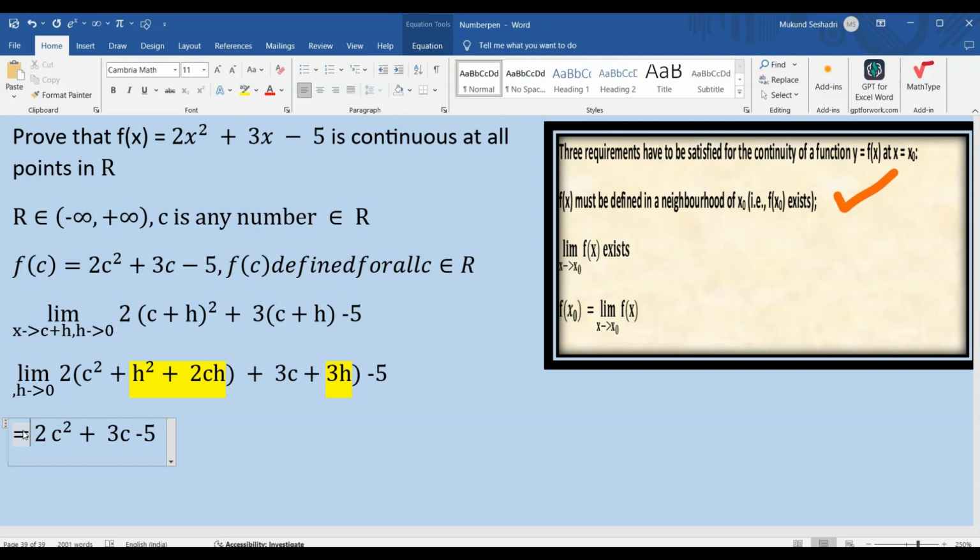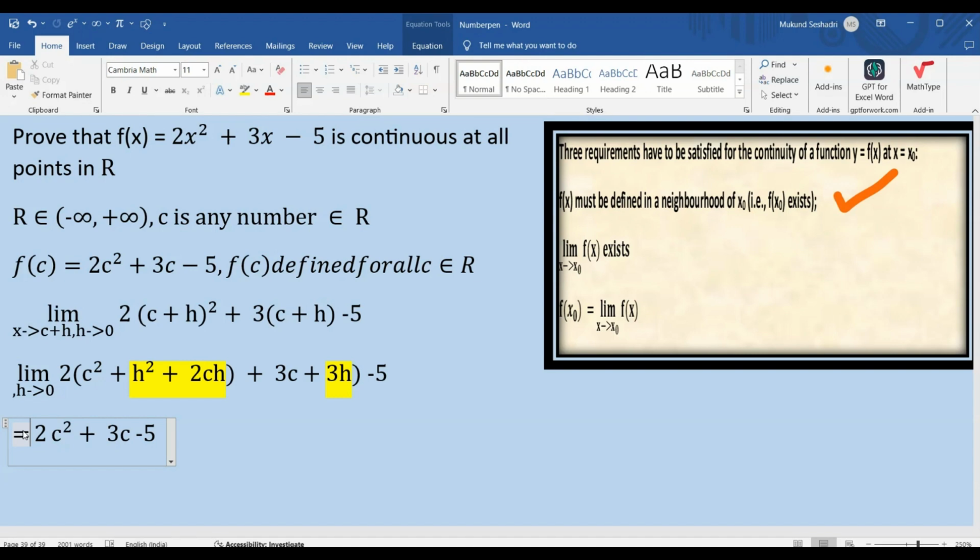And what is that limit equal to? 2c square plus 3c minus 5, right? And why is that? We've substituted h equals 0, and we notice that h square plus 2ch, which is the yellow term highlighted on your screen, and similarly the 3h, which is the other yellow term, all become 0, right? And so we are left with 2c square plus 3c minus 5, right?